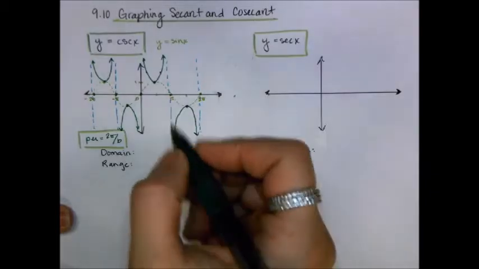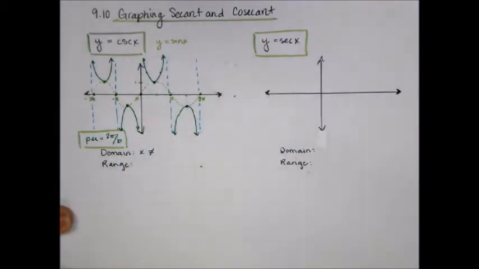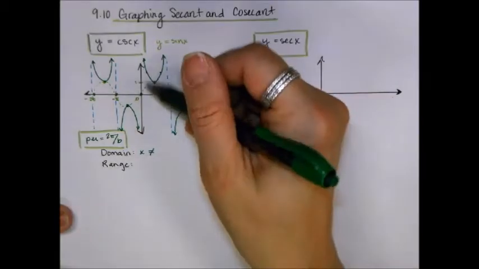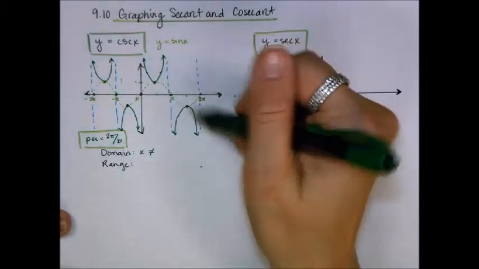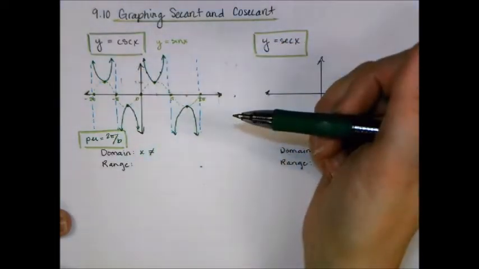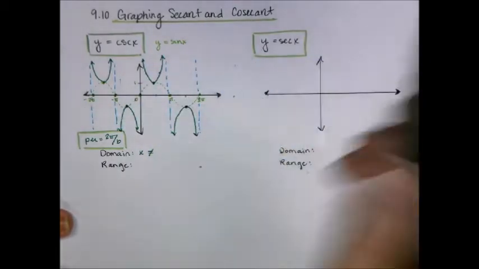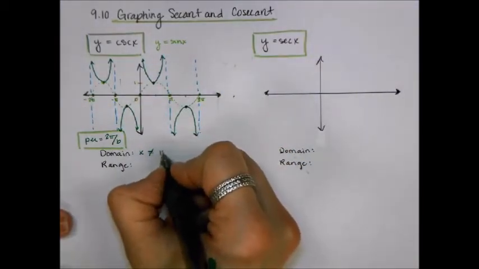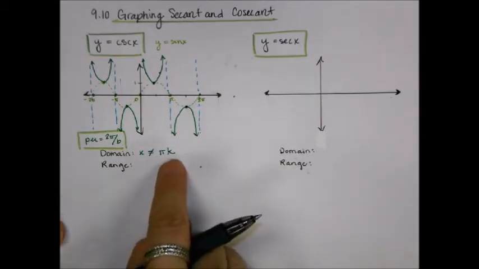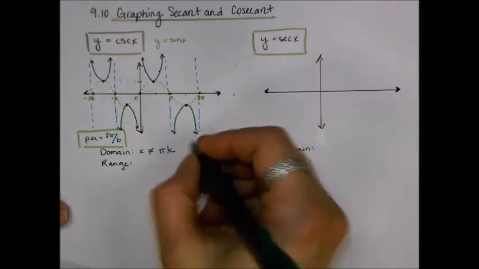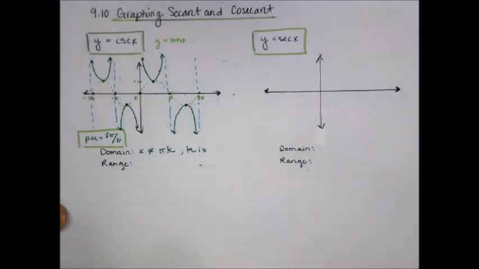It's an easier way to do this. We're going to write what x cannot be. So you'll notice, well, x can't be 0, pi or negative pi, 2 pi or negative 2 pi. So these numbers are all multiples of pi. So we're going to write x cannot be a multiple of pi. And the way we write that is by writing pi k, and k is just a letter we choose to stand for an integer.